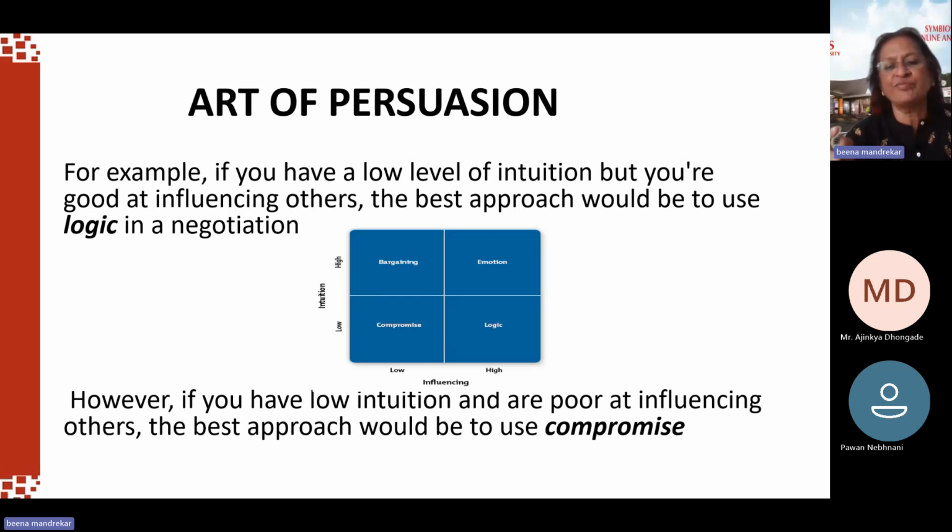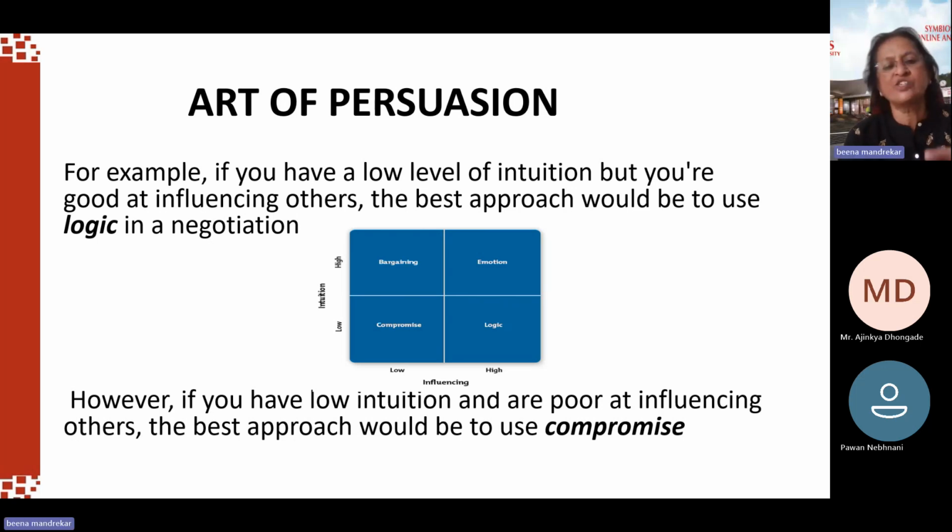But you have good powers of influence, then you have to use logic. Can you see that last quadrant here? Low intuition, but high influencing, use logic. However, if you have low intuition and are poor at influencing others, then you have to use compromise. Got it?